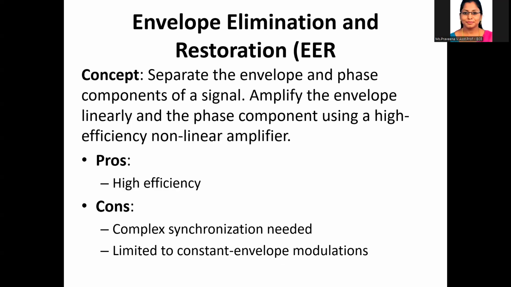And next is envelope elimination and restoration. Envelope elimination is used to separate the envelope. It's a linearization technique used in RF amplifiers in order to improve the efficiency. The input signal is separated into its envelope, that is amplitude, and phase components.